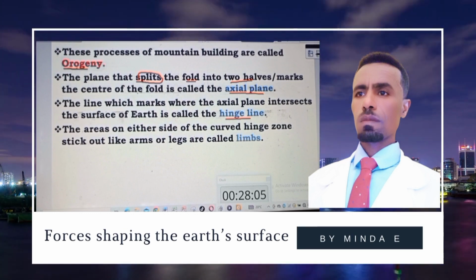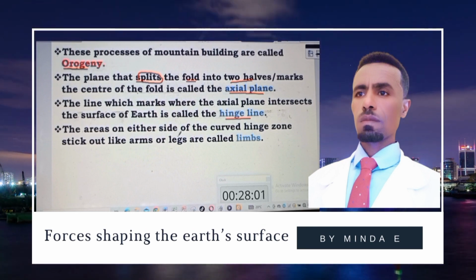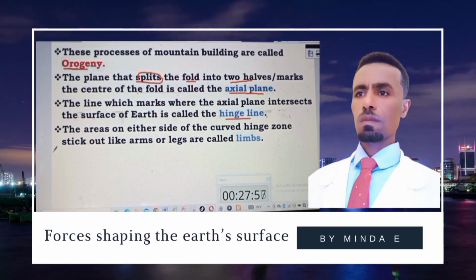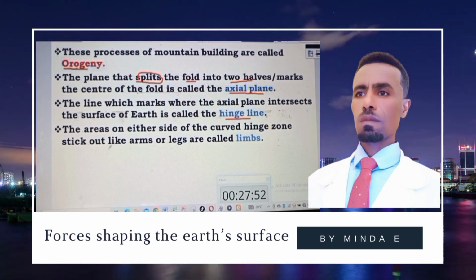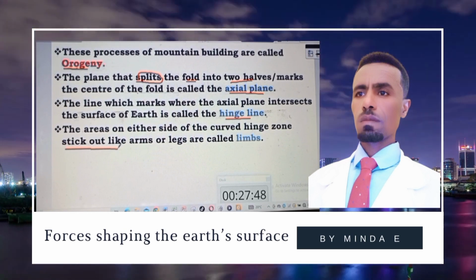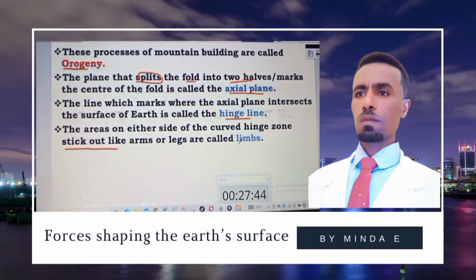Another point, the areas on either side of the curved hinge zone stick out like arms or legs, and are called limbs.